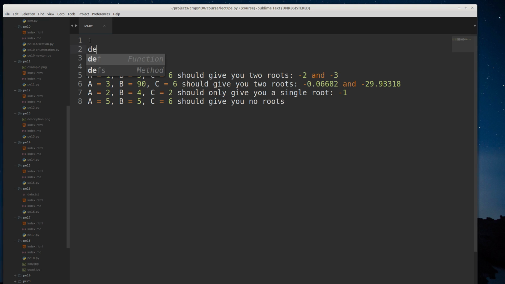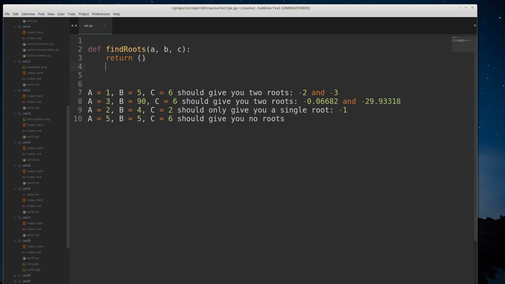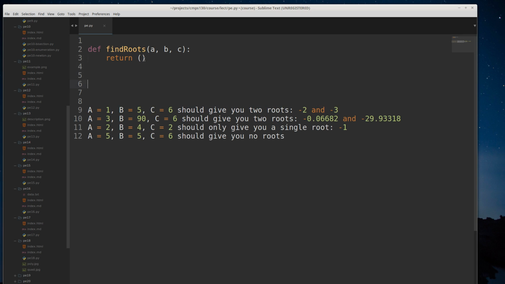And let's start writing our find roots function, and it's going to take a, b, and c. Right now I'll return an empty tuple. In my regular program, I'm going to print out the result of find roots with the inputs that I've specified.